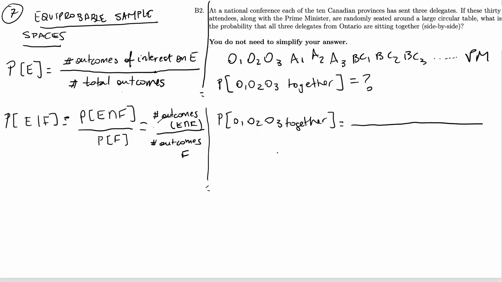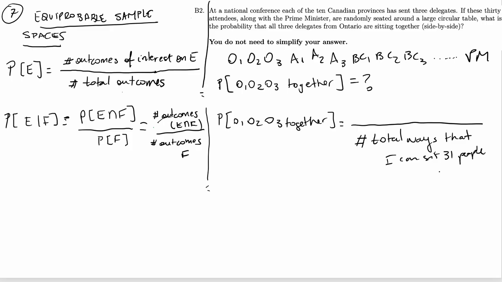So the denominator is the total number of ways that I can sit 31 people, all the sitting arrangements.